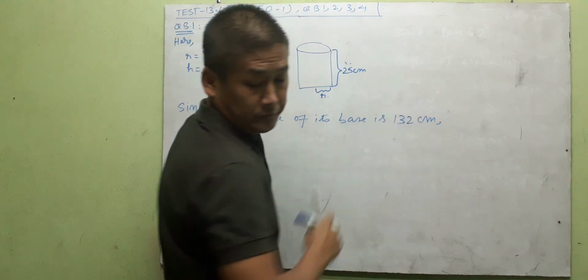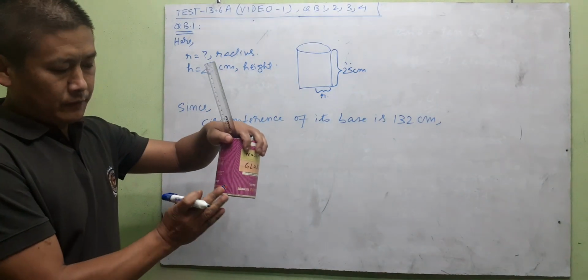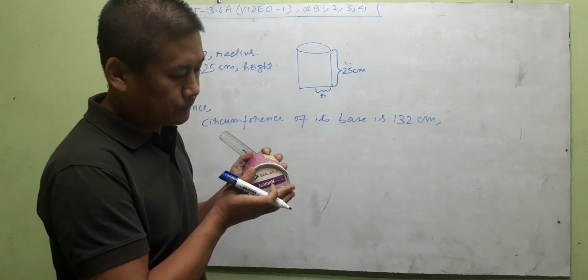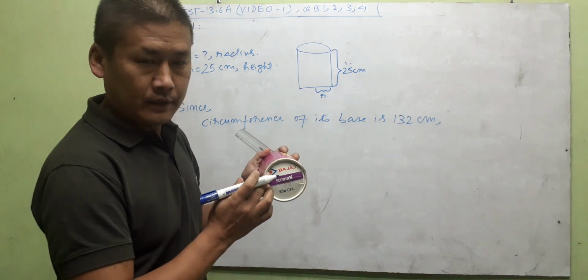Look into your question and you will find this. So we're going to use this. Now what do you mean by circumference of the base? As we have been saying, the base means the lower portion here, which means the circular structure. So circumference of the base means the circumference of this circle here.